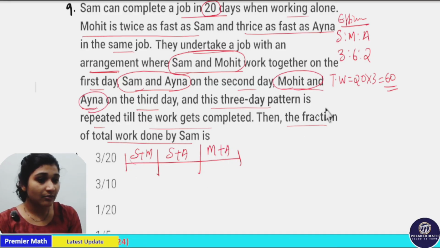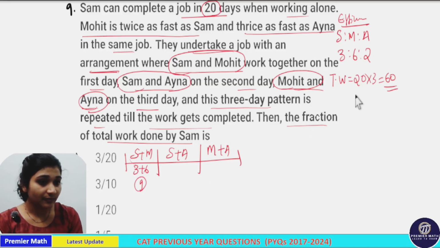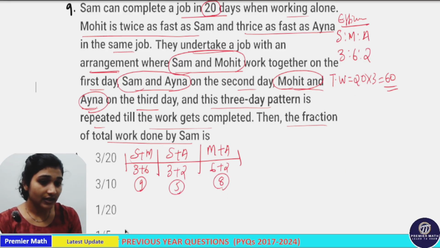Now Sam and Mohit will complete 3 plus 6, 9 units of work in one day. Sam and Aina will complete 3 plus 2, 5 units on the second day. And Mohit and Aina will complete 6 plus 2, 8 units on the third day.